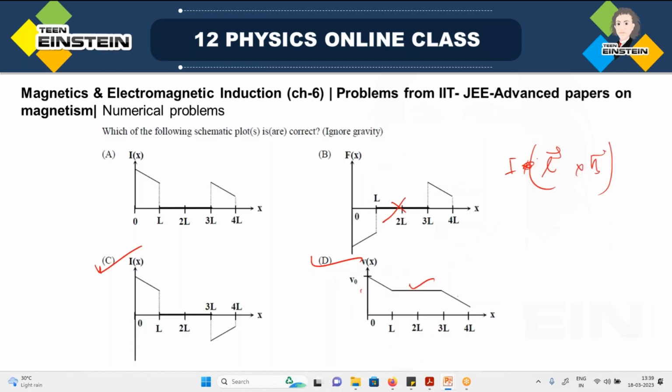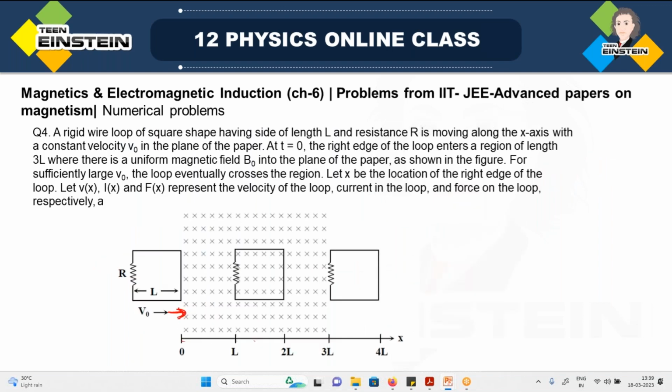All right. So what we need to find out is how current is generated in this region, how EMF is varying in this region. So when it enters, the flux grows, and it is maximum at x is equal to 0. When it goes to x is equal to L, the flux will be uniform, there will be no change.